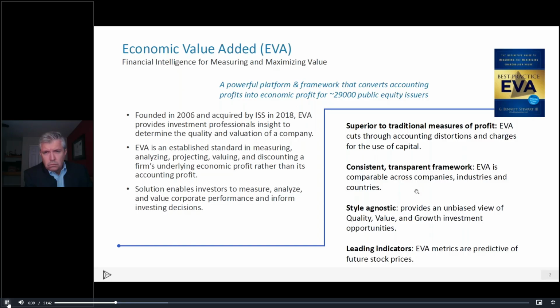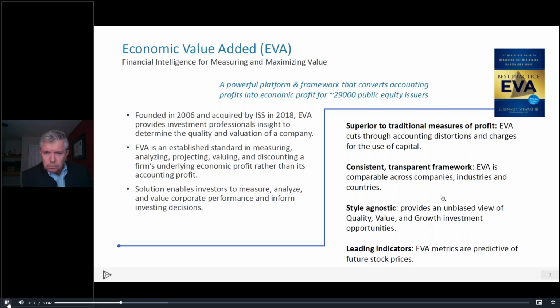Well, I've already mentioned some of those points, but the adjustments we're making are also combined with a capital adjustment, or taking into consideration the cost of capital or a capital charge. And that consideration, the sources and uses of capital, we're building in a hurdle rate for the business. So something that all investors should really demand to see if a firm is economically profitable, not just profitable on paper. The EVA framework's fully transparent.